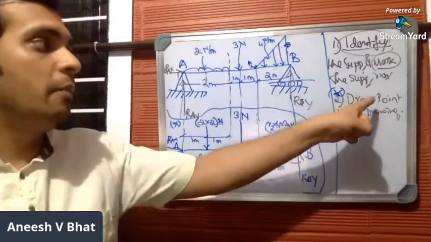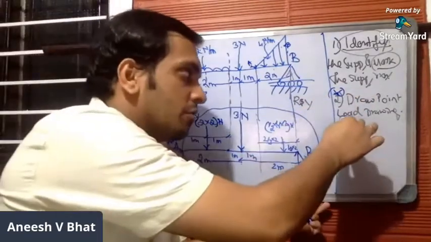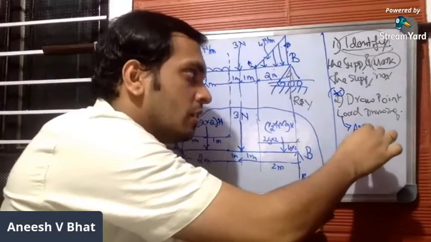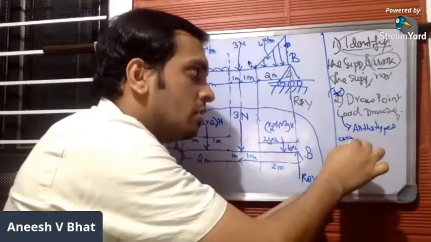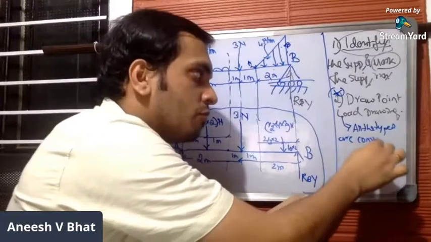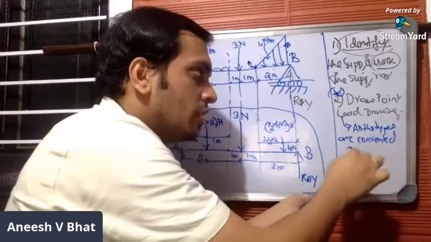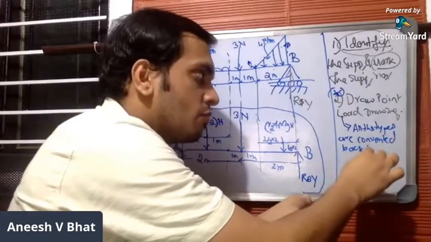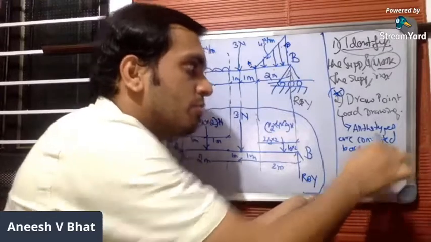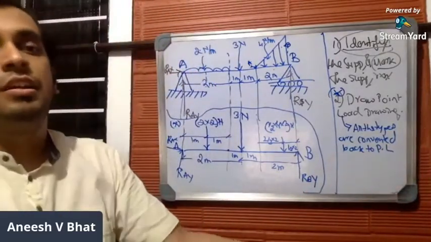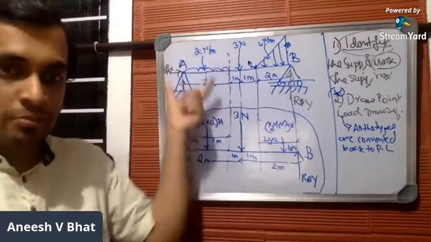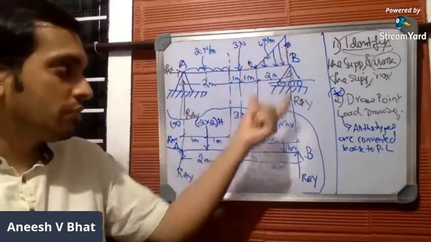So in a point load drawing, you have to make sure that all the loads, all the types, are converted back to point loads. This is very, very important. If you have UDL in the question, convert it back to point loads, and if you have UVL in the question, convert it back to point loads.